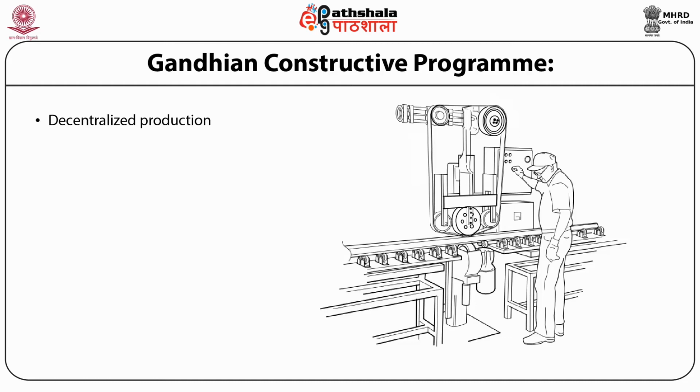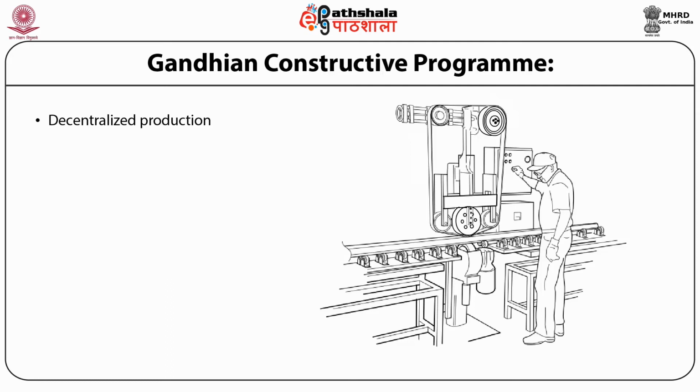Because of that, there was a slight difference of opinion between these two great personalities. The argument of Mahatma Gandhiji was that if we include the masses in production, then many people will get an opportunity to be part of the production and their livelihoods are ensured.